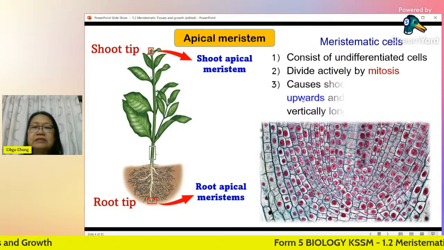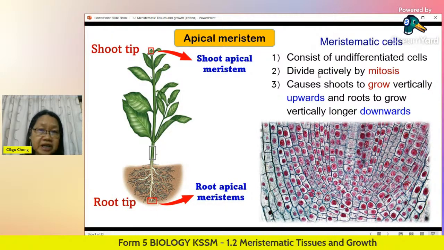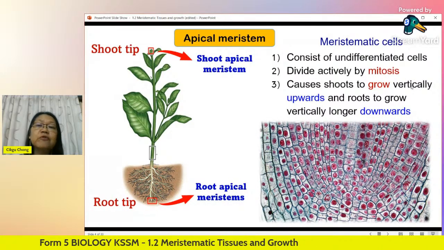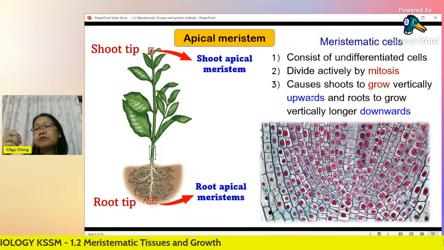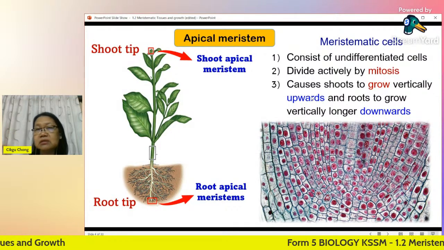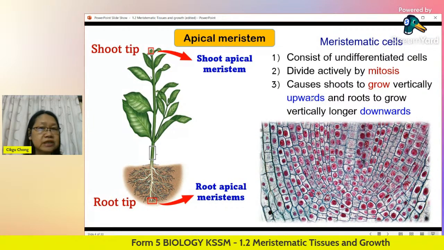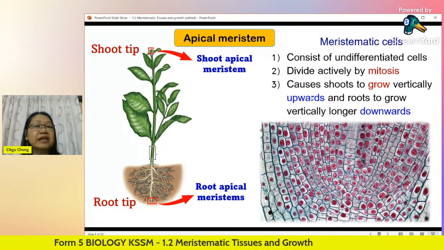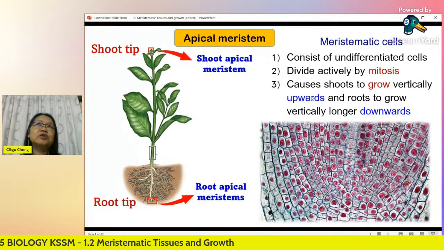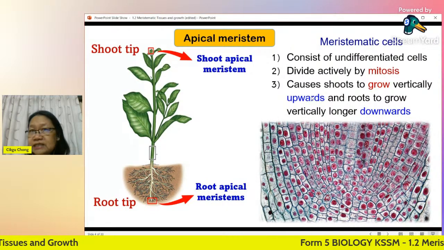Next, when the meristematic tissues divide, they will cause the shoot to grow vertically upwards because the number of cells increases. Therefore, the shoot will elongate and become longer, and that causes the plant to grow upwards. That's important, because the plant has to grow and receive sunlight so that it can carry out photosynthesis.